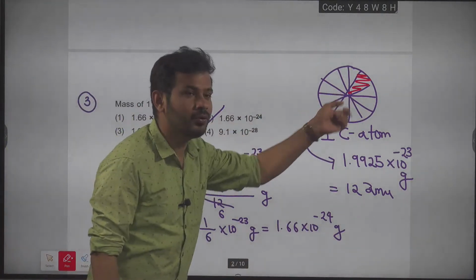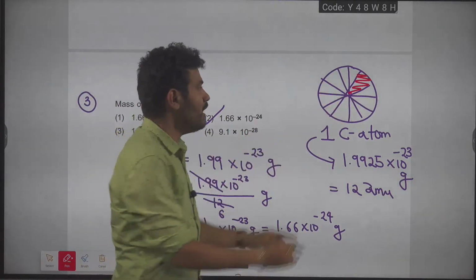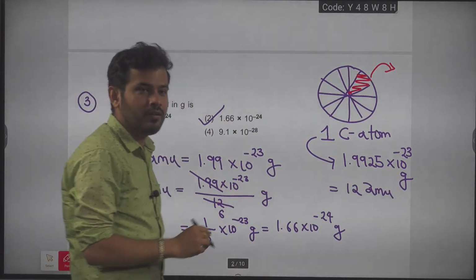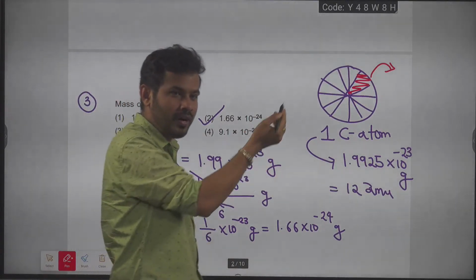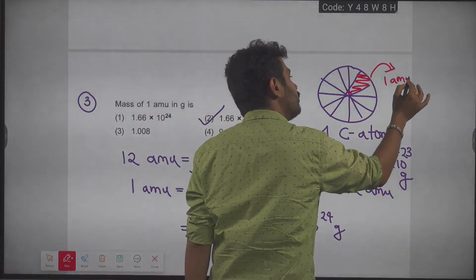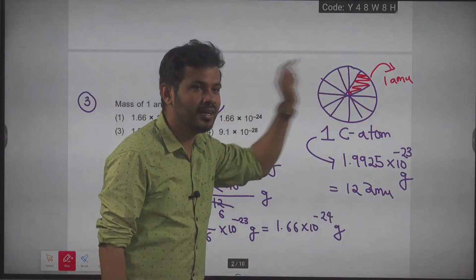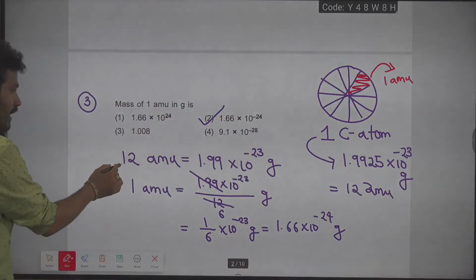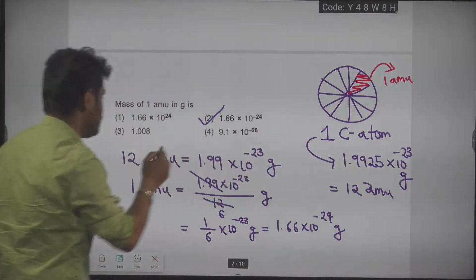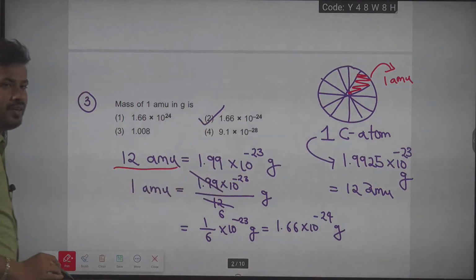Total is 12 AMU, and I have equally split it in 12 parts. One part will be how much then? 1 by 12 of 12 AMU. So 1 by 12 of 12 AMU means it is 1 AMU, right? Then what is the mass of this 1 AMU, this part? That I want to know. So this total circle, one single carbon atom, is 12 AMU, and that mass is 1.9 into 10 to the minus 23.